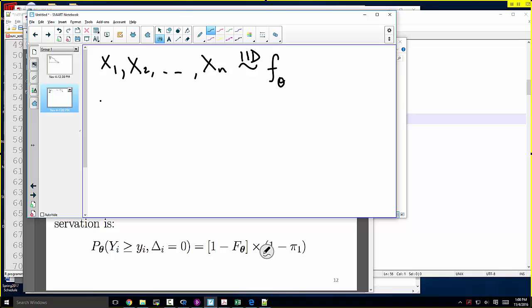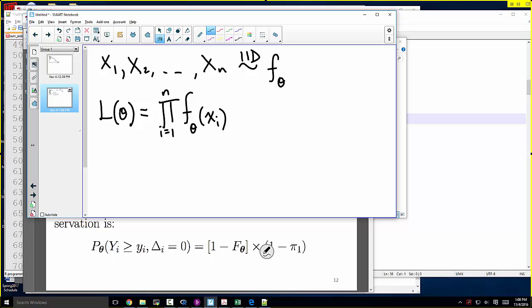Then the likelihood function, which is expressed as a function of the parameters, is just the product of the densities evaluated at each of our observed data points. That's what a likelihood is.